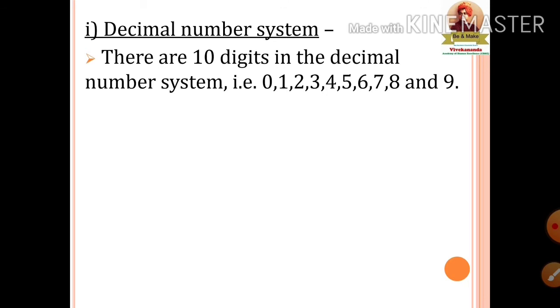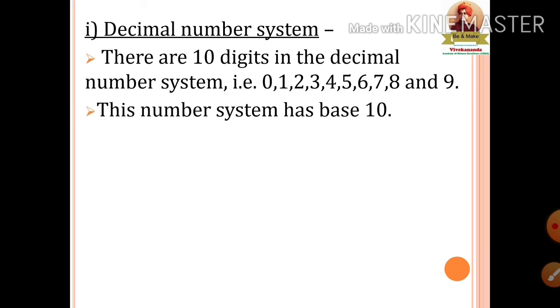If I am going to write down any number other than these, I am going to make permutations and combinations of these numbers, so that I will get more numbers. So these are the basic numbers. If I make different combinations of these 10 digits, I will get new numbers.